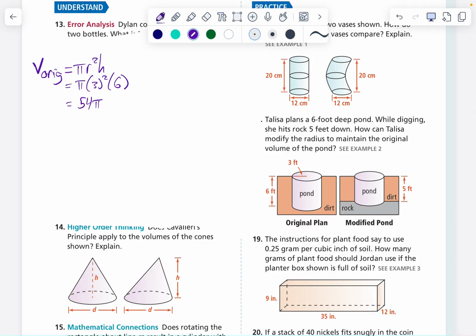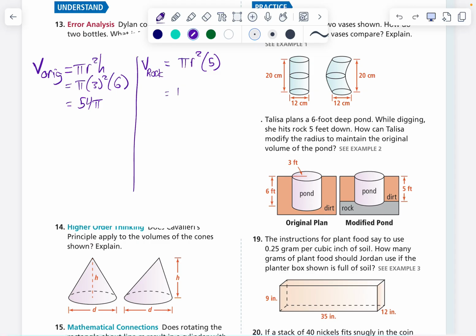Good so far? Okay. So then the new volume, maybe I'll actually subscript this with the rock, is pi, same situation, only now we're 5 feet down instead of 6. Whoops, not squared.